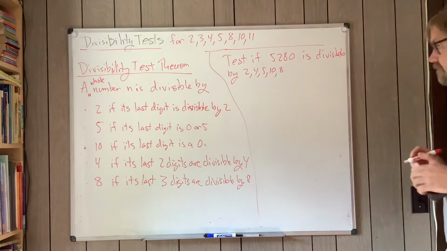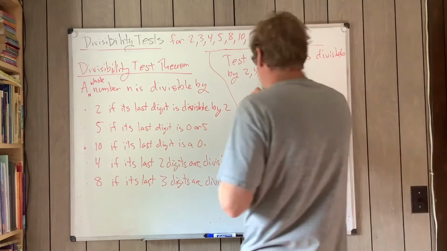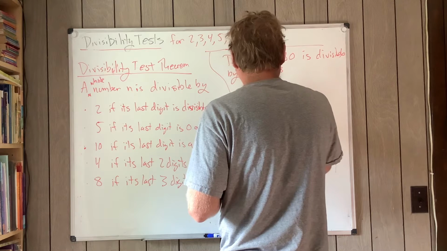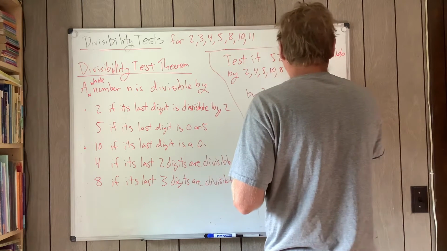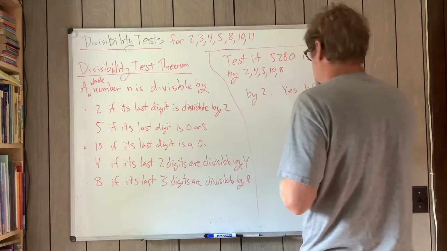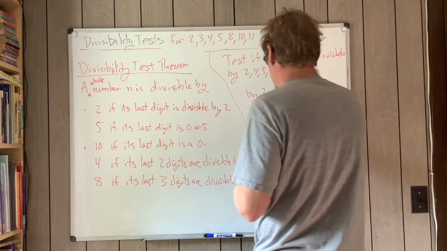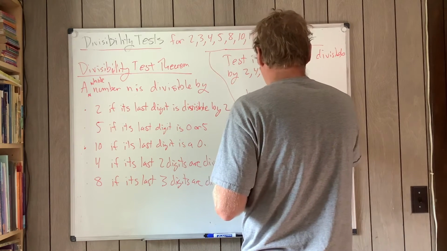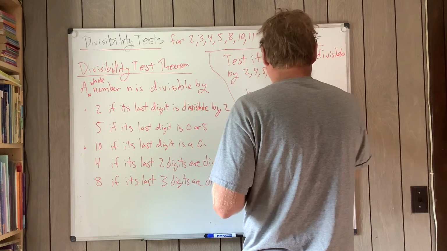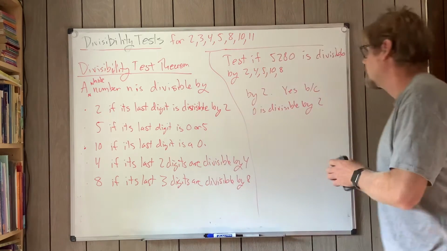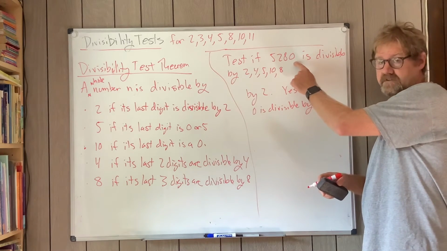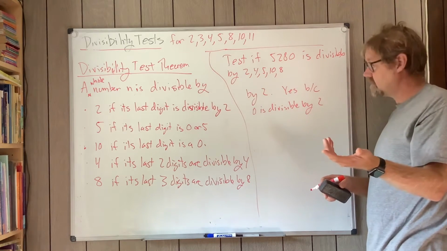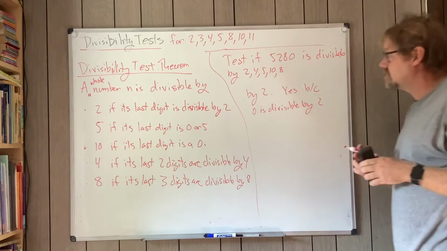By 2, yes, because 0 is divisible by 2. I'm just looking at the last digit. The last digit 0 is divisible by 2. 0 is divisible by every number.